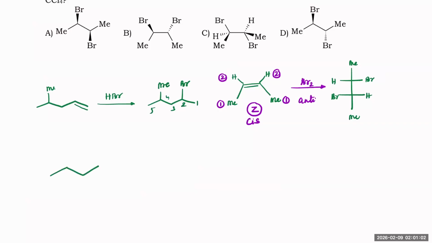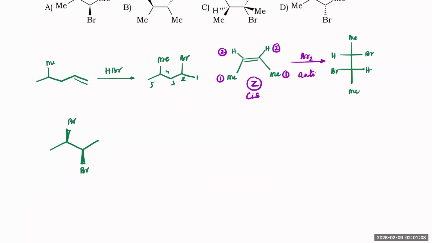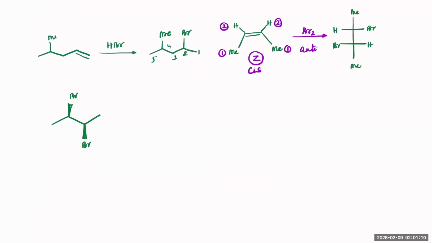Suppose you have a bromine here like this and another bromine here like this. If you want to make a Fischer projection for this, you need to first change this into an eclipsed form and not a staggered form.